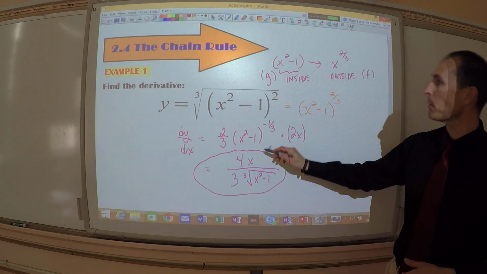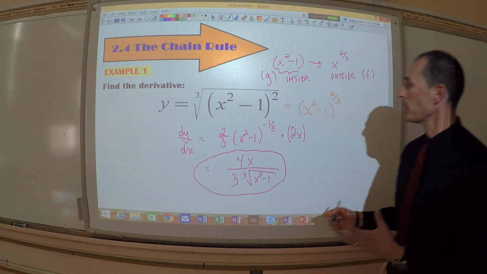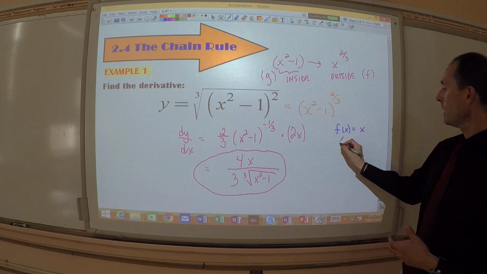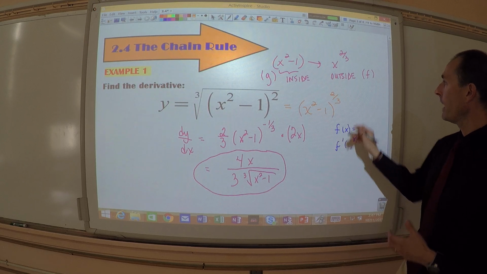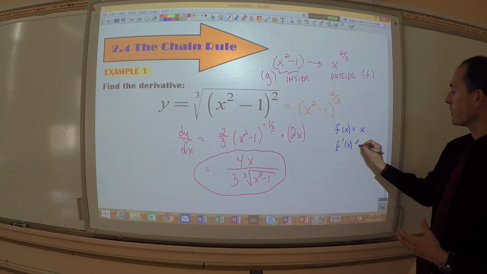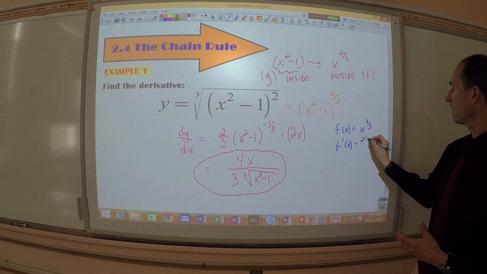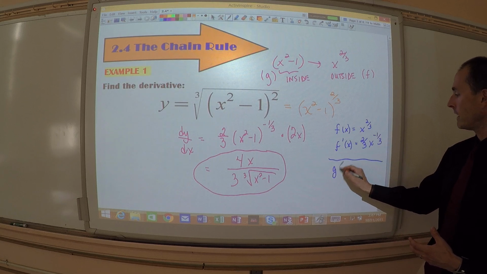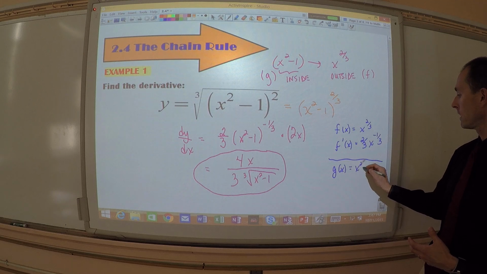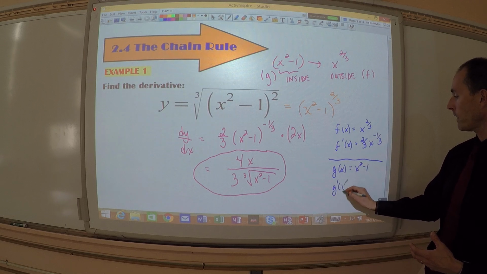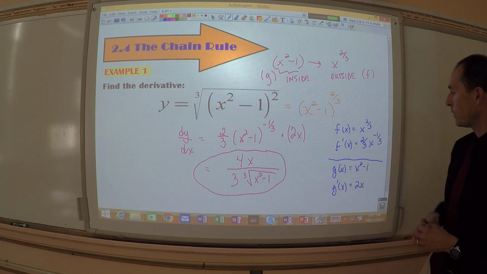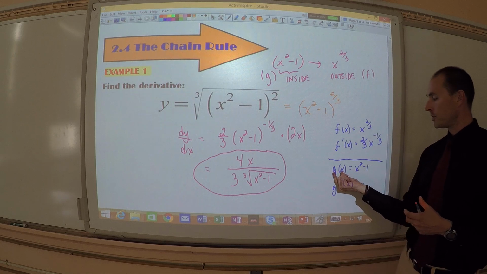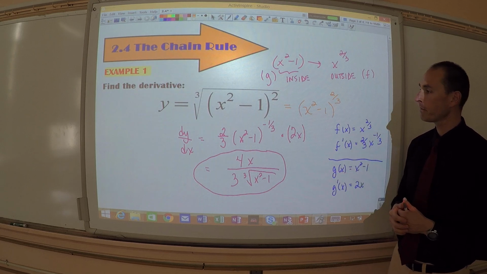So let's just stay on that problem for a second, because I think what might be helpful for some people is if they actually wrote out here the four functions we're really using, f and f prime, so the outside function and its derivative, and then maybe separate from that, the inside function and its derivative. The only thing we have to watch out for if we're going to do this is we have to understand that the outside function really doesn't use x as its base. It really uses this g of x function as its base. So that's just one example.